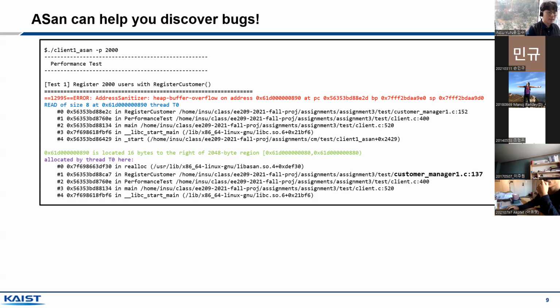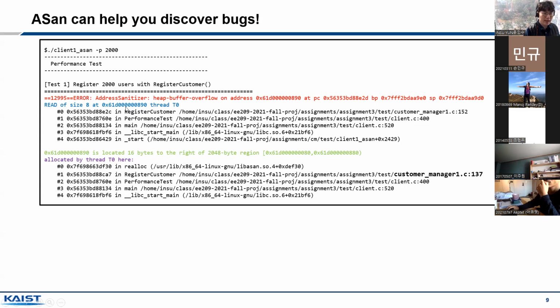What it says is that your program goes beyond its allowed boundary by reading 8 bytes. That's what this message says, and it shows the call stack of where this read happens.